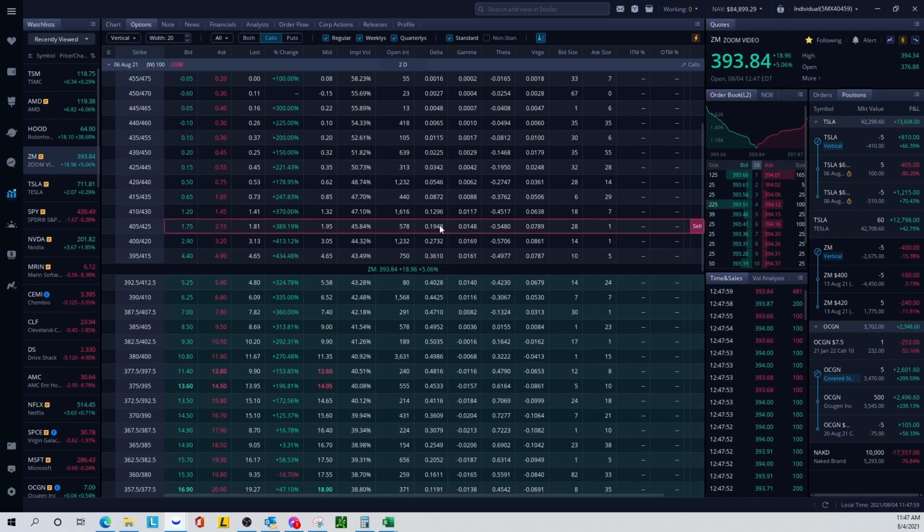So what was originally my target entry, I said earlier, I like to be at 0.16 delta or less. So in this case, when the delta starts to increase above what my normal target is, then I might consider going one strike higher. So maybe the 410 strike price instead of 405.